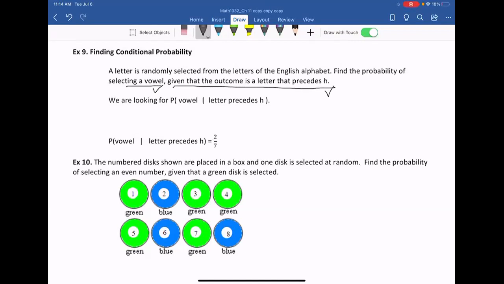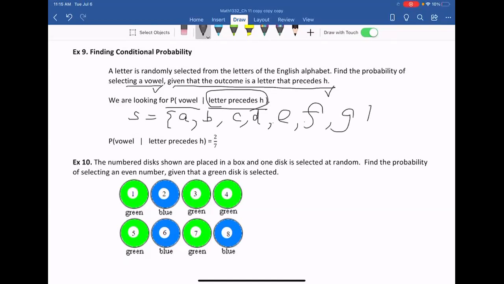We are looking for P of vowel given letter precedes H. Now we need to find what this part is. For this part, I still use the sample space. The letters that precede H are A, B, C, D, E, F, G, without H.